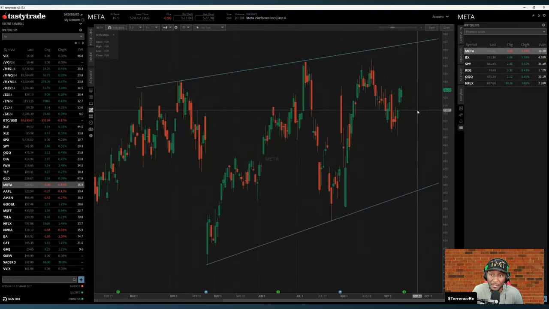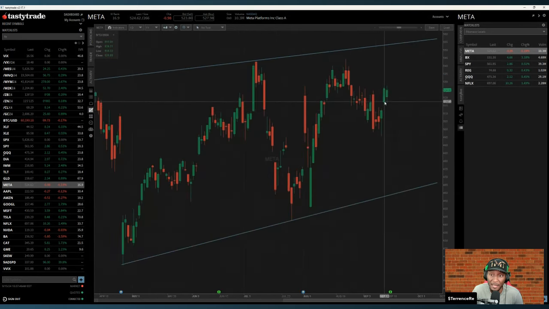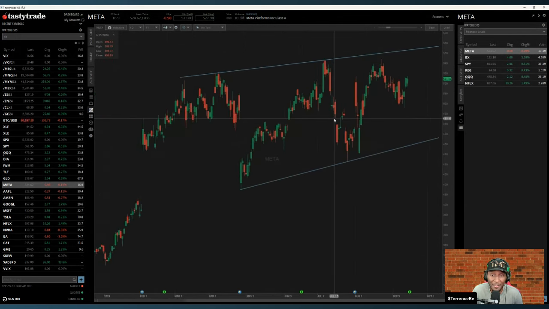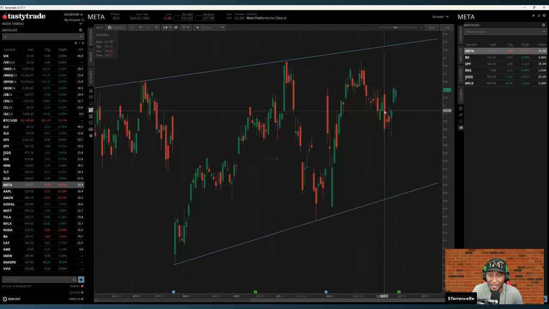Then on Thursday it gapped up, gave us this big green candlestick, and on Friday, the body of this candlestick is inside of this body, right? In Japanese candlesticks, they would call that something similar to a pregnant woman or something like that. There are some books you can read on Japanese candlesticks, but that's what it would look like.